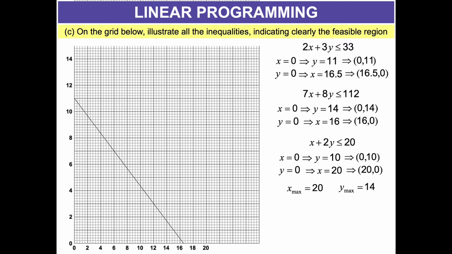If you plug the origin, that means 0, 0, into the inequality, then it's satisfied. That means the half plane that includes the origin belongs to my region, and I will shade away the rest of it. Repeat the same for 0, 14 and 16, 0. I have my borderline and test the origin.